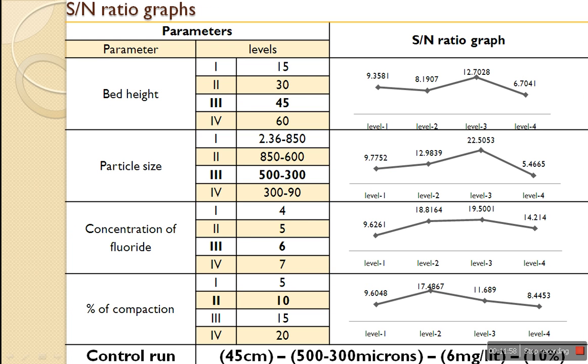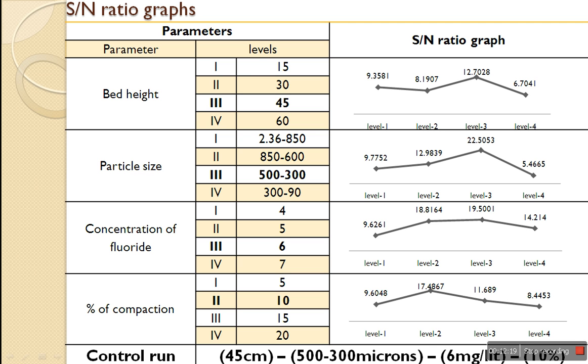From the maximum signal to noise ratio, bed height has its maximum of 12.7028 at level 3. Particle size has the maximum signal to noise ratio at level 3. Concentration of fluoride has the maximum at level 3.